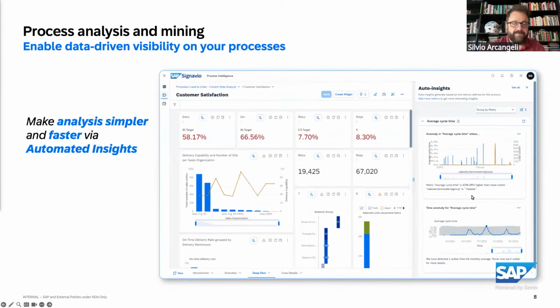Then at Signavio, we also provide you with automated insights based on machine learning algorithms that automatically find and visualize all the interesting correlations, all the interesting anomalies that you should look at first, right? So to shorten the time to analysis.